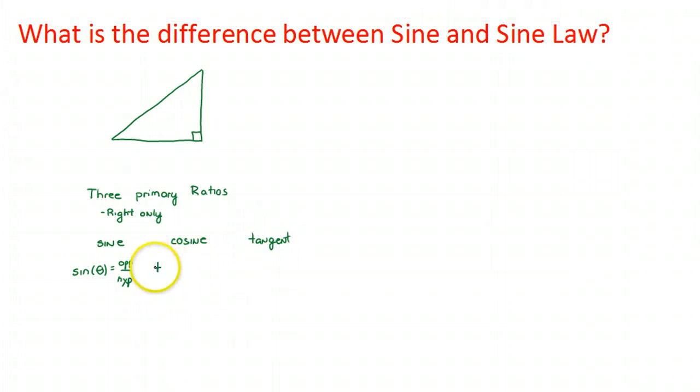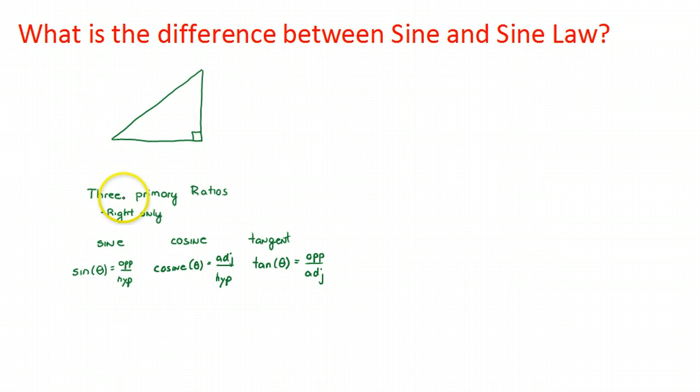We say the cosine of an angle is the adjacent over the hypotenuse. And the tan of an angle is equal to the opposite over the adjacent. And there's lots of ways to remember these, different little tricks. Some people remember this thing called Sohcahtoa.